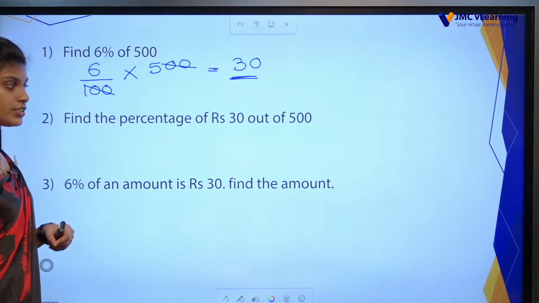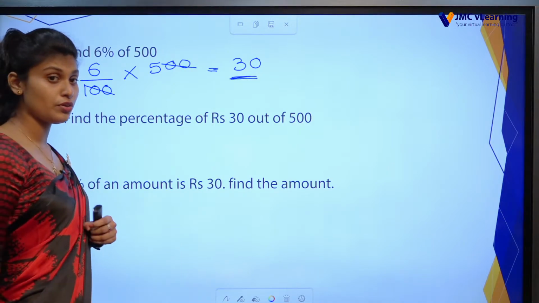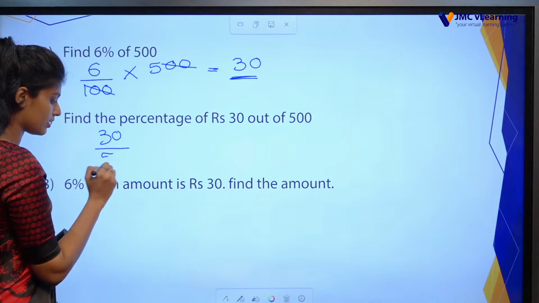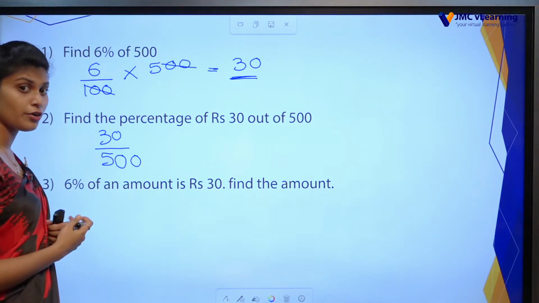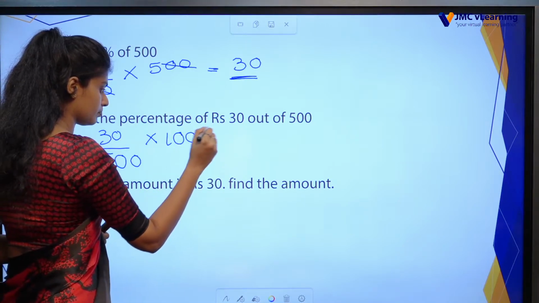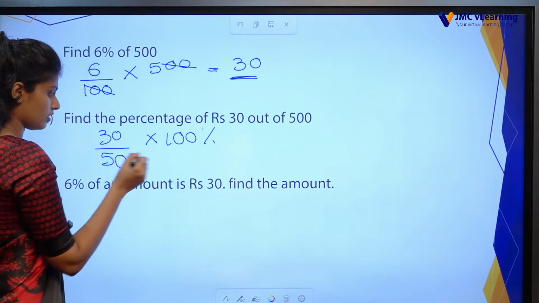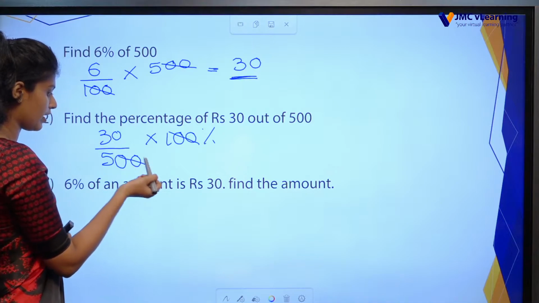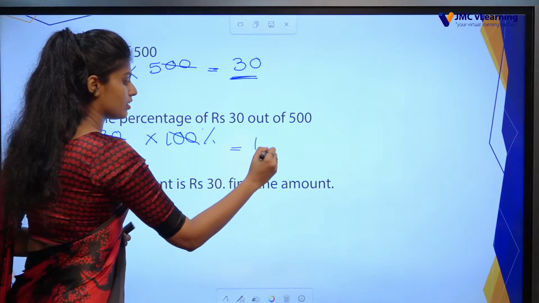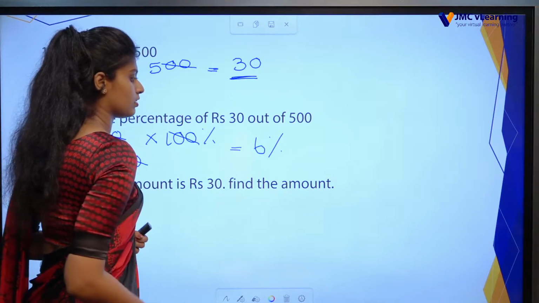Find the percentage of 30 out of 500. 30 out of 500 as a percentage means you have to multiply by 100%. Then let's divide. 30 divided by 5 is 6. That means it's equal to 6%.